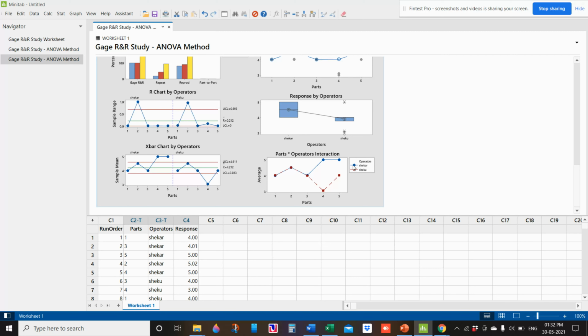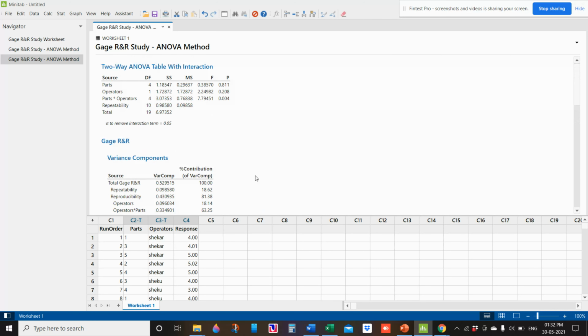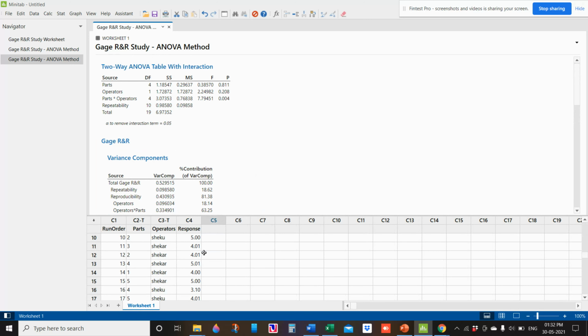The blue is me, and the other is Shaker. Till the third part there is a pattern, since we adjusted the data. After that there is no pattern, which means me and the other person are varying. So this is how we can perform gauge R and R in Minitab.